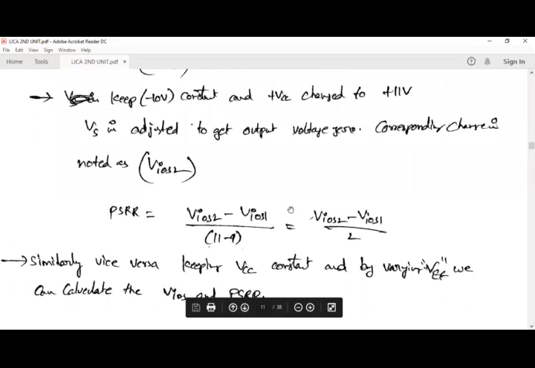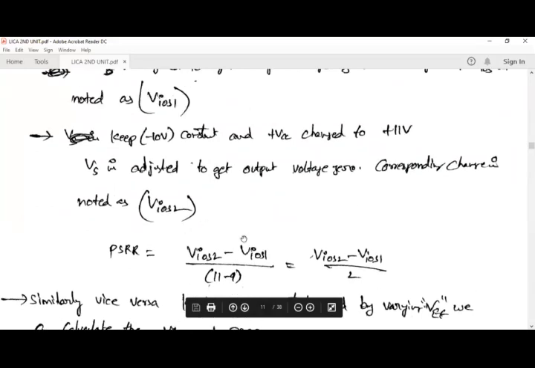So we are going to take the difference between those two input offset voltages as well as the difference between the supply voltages. VIOS2 is the input offset voltage when VCC is 11, and VIOS1 is the input offset voltage when VCC is 9. So VIOS2 minus VIOS1 divided by 11 minus 9, that is VIOS2 minus VIOS1 divided by 2.